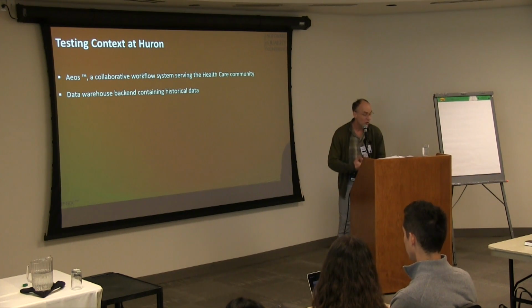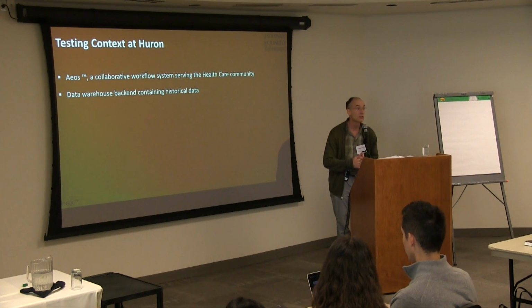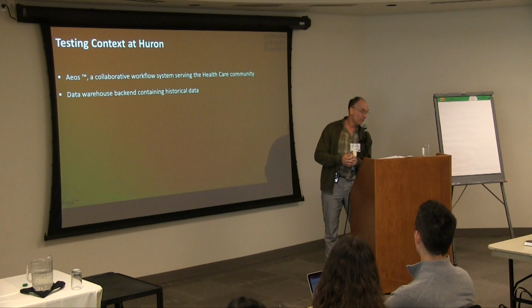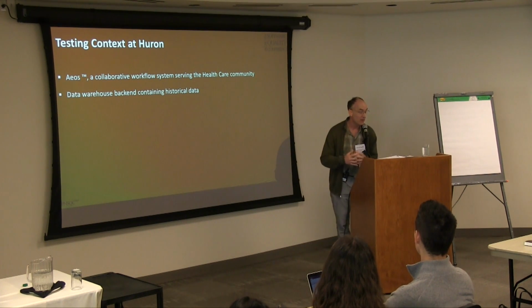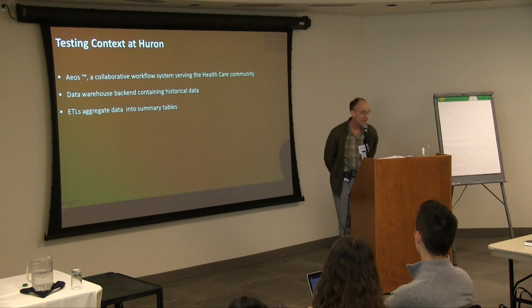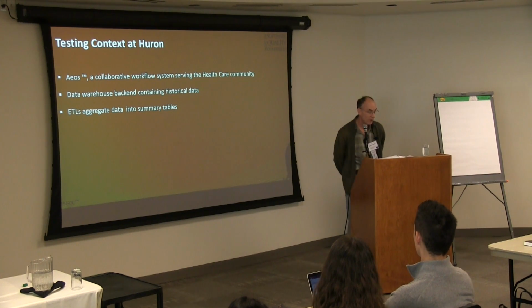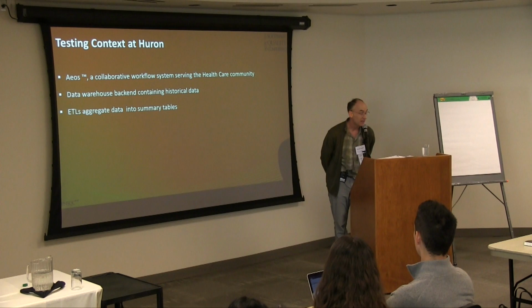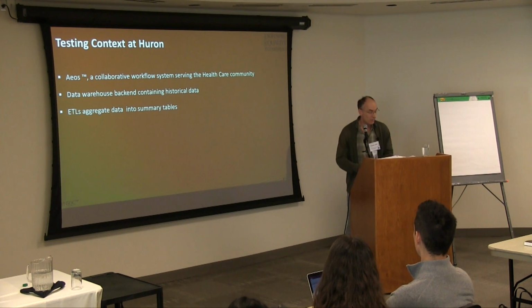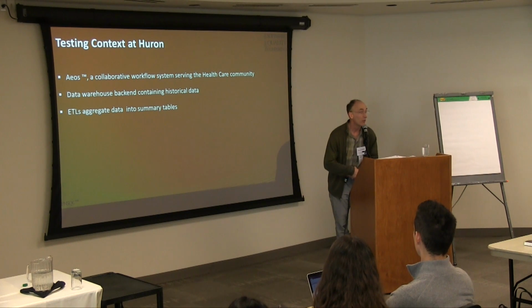This historical data is comprised of accounts and visits, as well as patient information, as well as activities that reps who use our system perform, and information about that. ETLs, which stand for extract, transform, and load, aggregate data into summary tables. What's important there is transform.